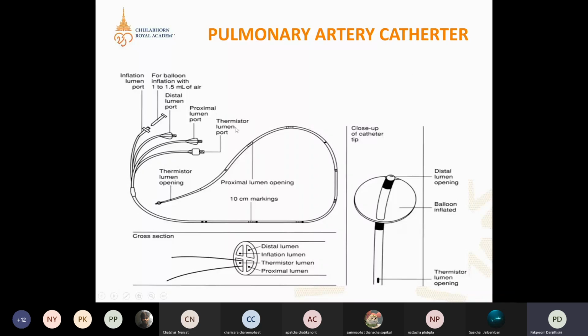So the thermistor lumen port will be over here, the proximal lumen port will be here, the distal lumen port will be over here, and the balloon port will be here.